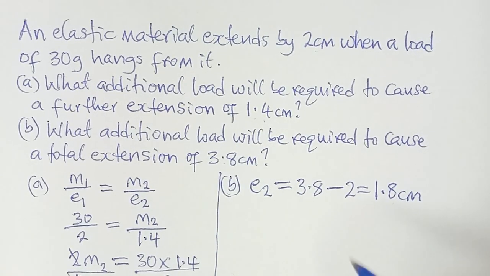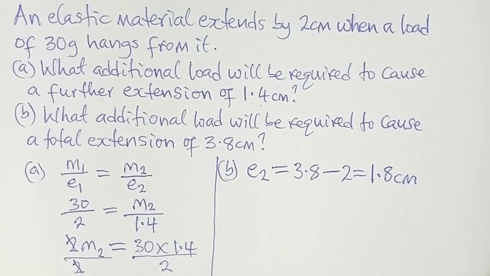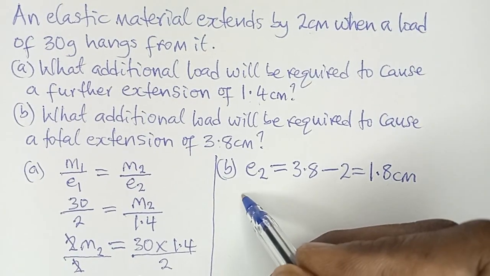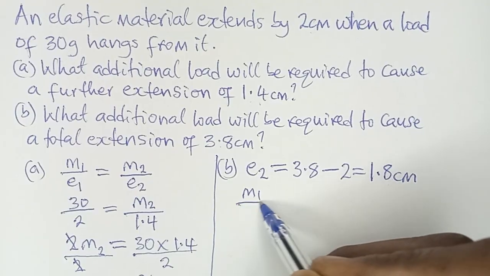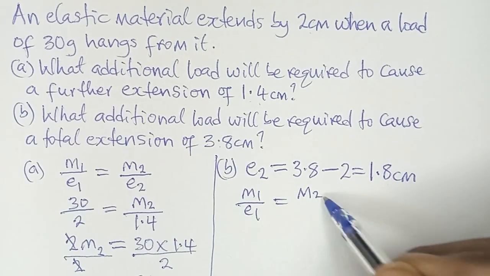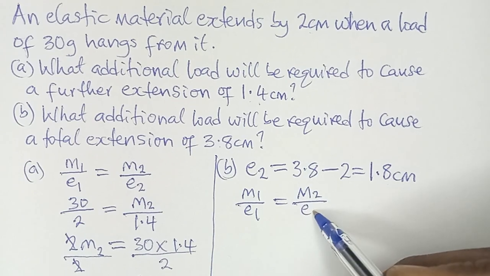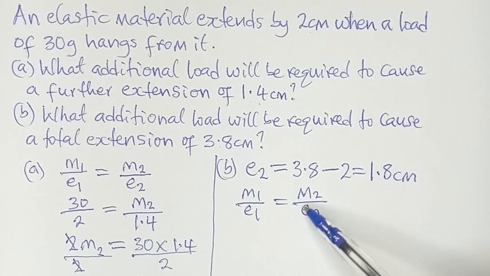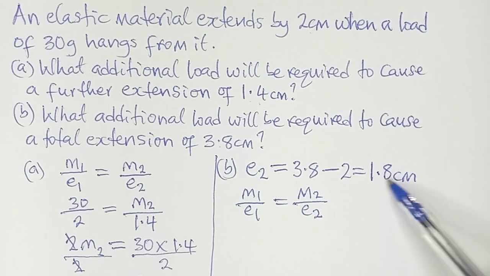So in the same way, we can apply the formula directly. So I can simply say M1 over E1 is equal to M2 over E2, because the additional load, which is M2, has given us its own extension as well, which is 1.8 centimeter.